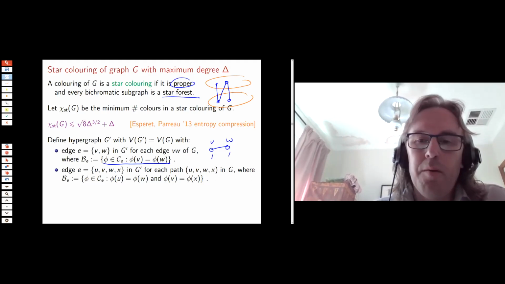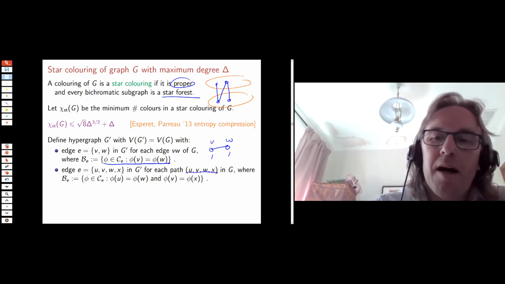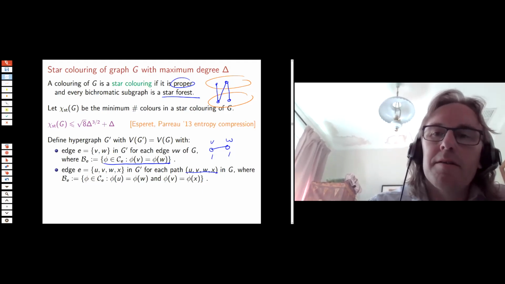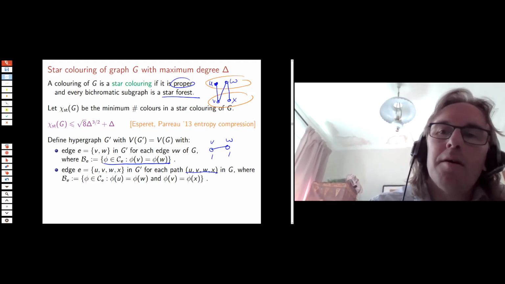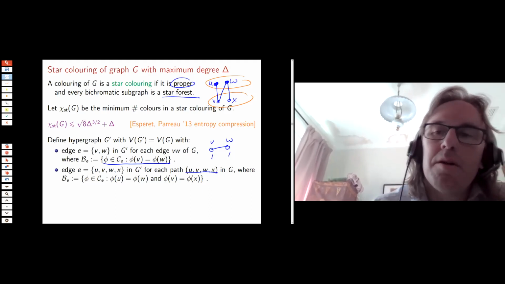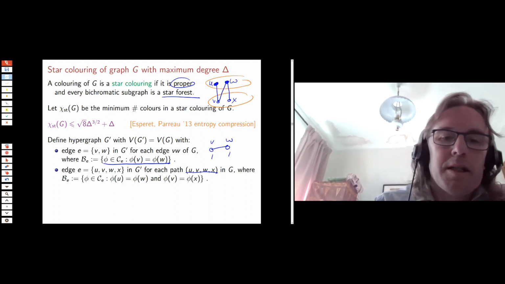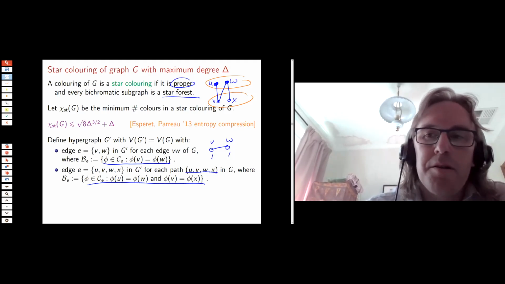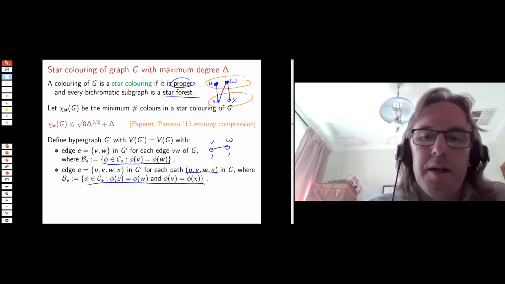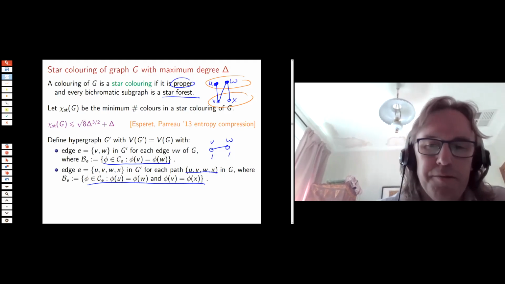So we introduce an edge UVWX for each path UVWX, where U and W have the same color and V and X have the same color. We want to exclude that, so we add that to be the bad colorings for this hyperedge UVWX. So this is not a uniform hypergraph. It's got edges of size 2 and some edges of size 4, but still we can apply the general framework.